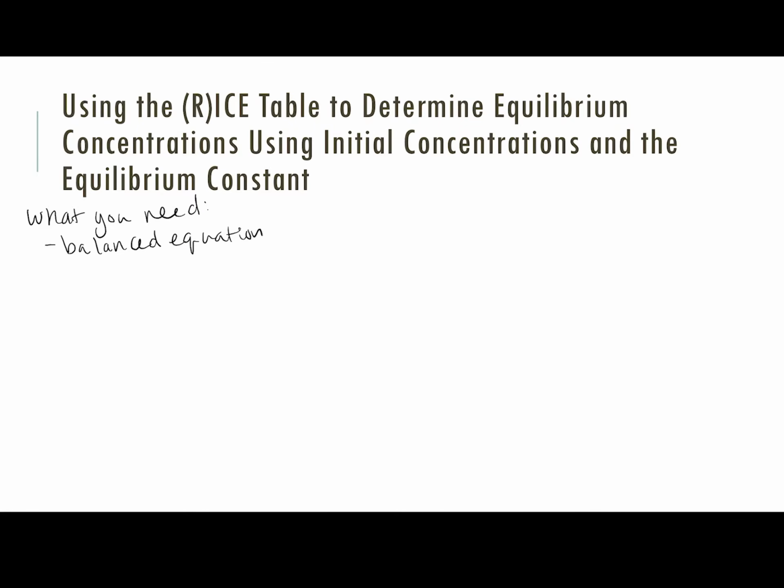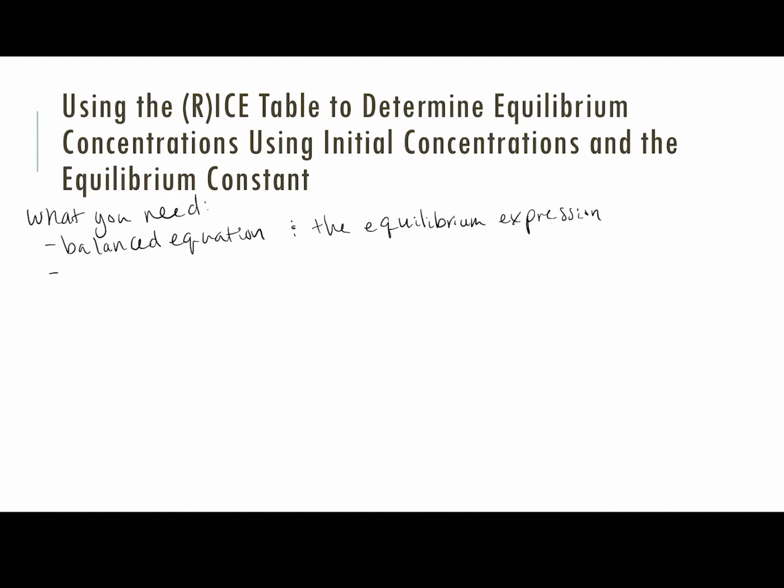Anytime you see an equation, make sure you balance it. And then the equilibrium expression. So once you balance your equation, you'll be able to figure out your equilibrium expression.